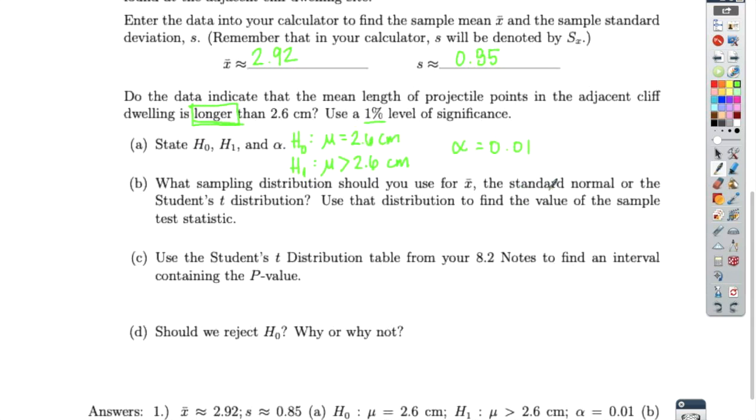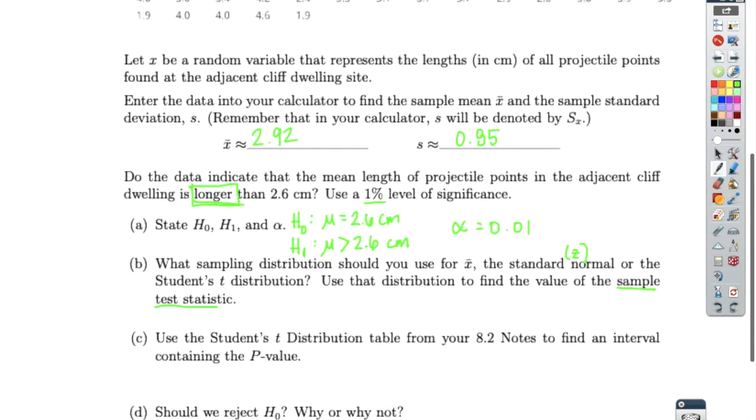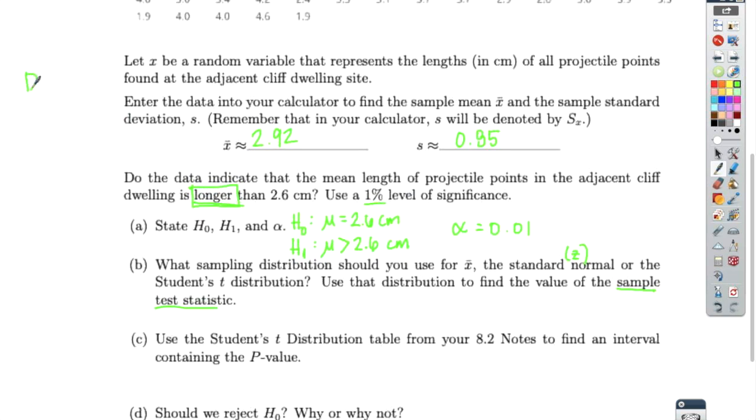Okay, part B, what sampling distribution should you use for x bar? Should we use the standard normal, which just means z, or the student's t-distribution? Once you decide which one to use, use that distribution to find the value of the sample test statistic. When you read the phrase sample test statistic, it just means z or t. Okay, so let's think about it. Which one should we use on this problem? Well, really the question just comes back to, do we know sigma?